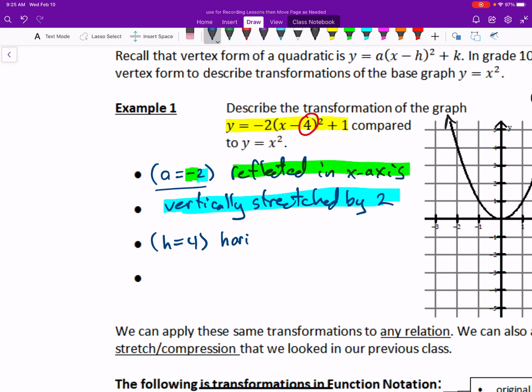In fact, rather than writing horizontal shift, I'll just say shift right 4. So if h is positive 4, it's going to go to the right. If h was negative 4, when I took it out, it would go to the left. And K equals 1, which means you're going to shift up 1.